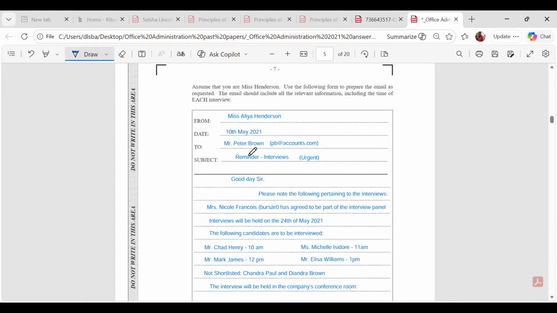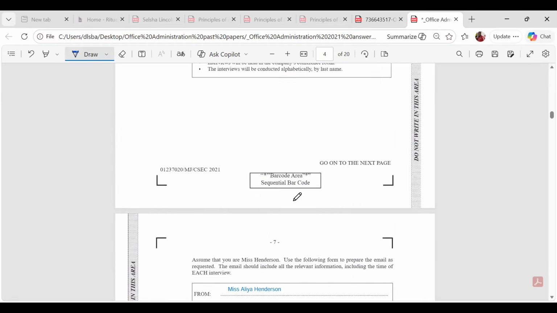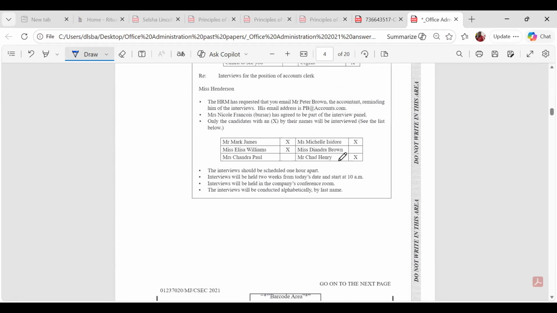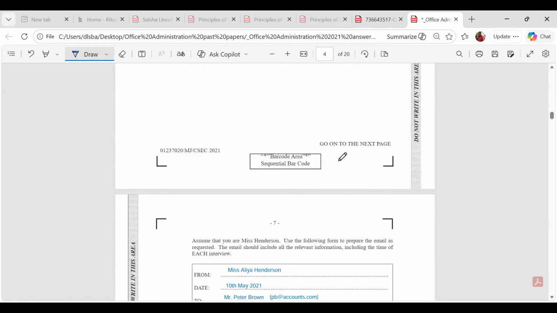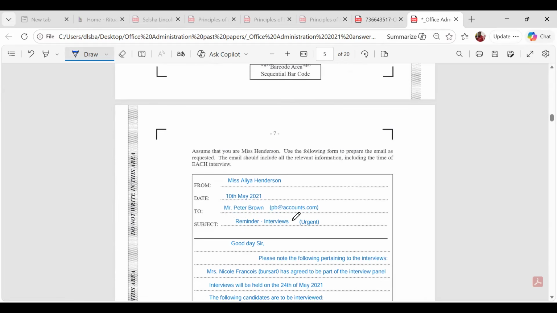And the subject has to be something to do with what the body of the message is going to be. Right now the whole thing is about the interviewees: when they'll be interviewed, who will be on the panel, and so forth. So the subject relates to that, and I put in brackets that it's urgent.